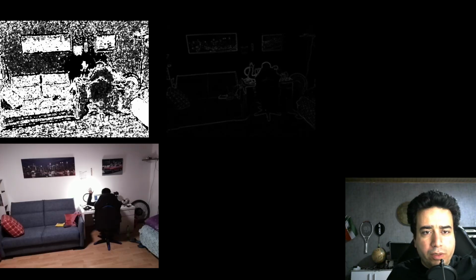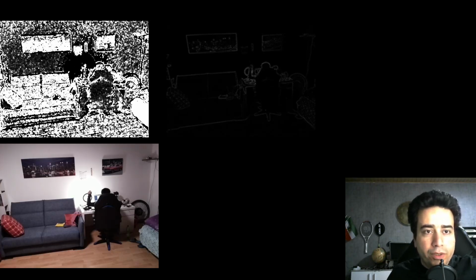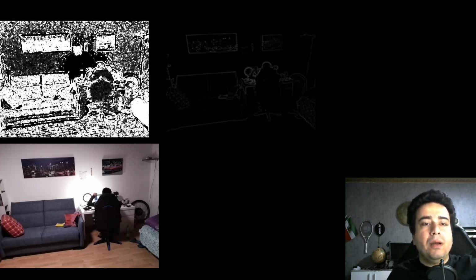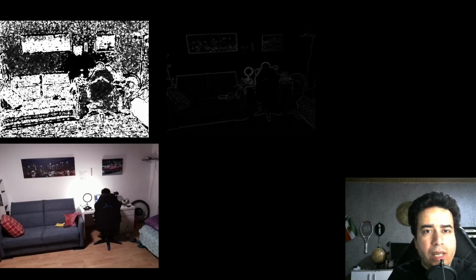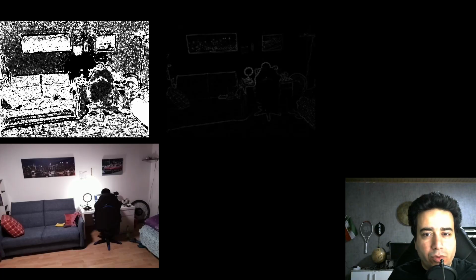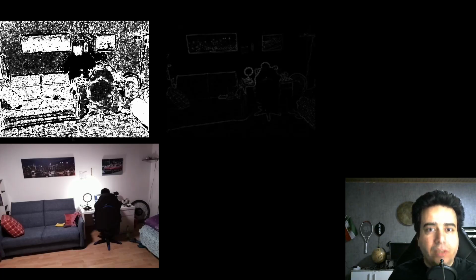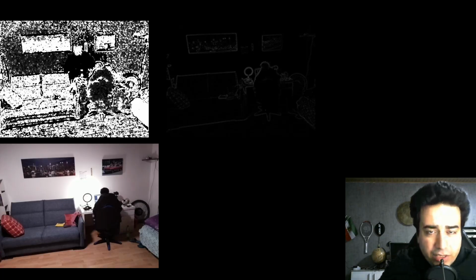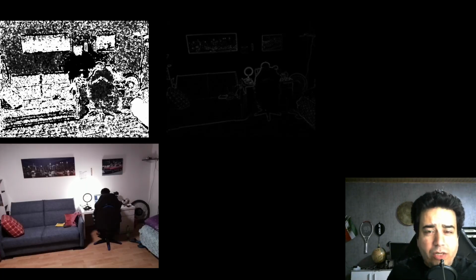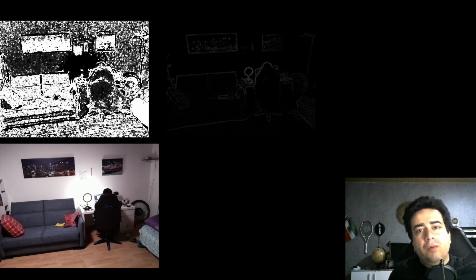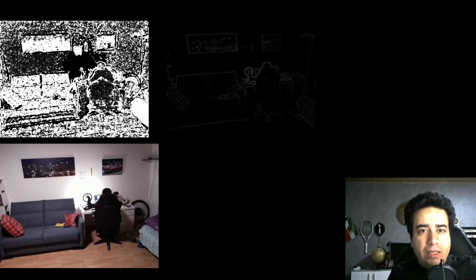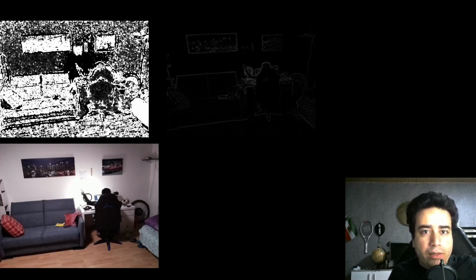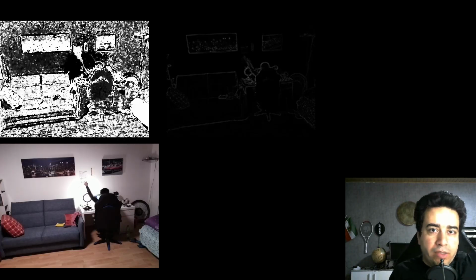The top left window is the Harris corner detection algorithm that is running, and at the right there is also a window which detects the edges. The edge window is, I would say, not so clear, but you can basically see the edges of the sofa and myself as well.